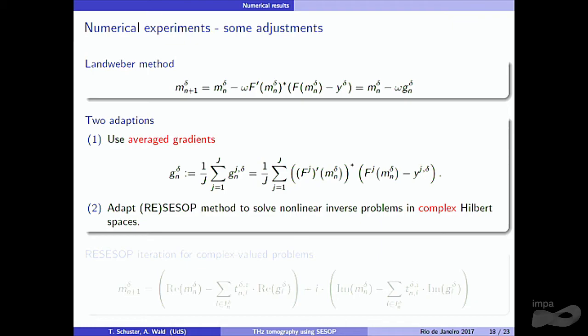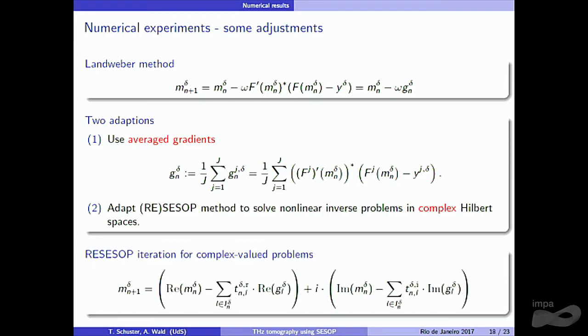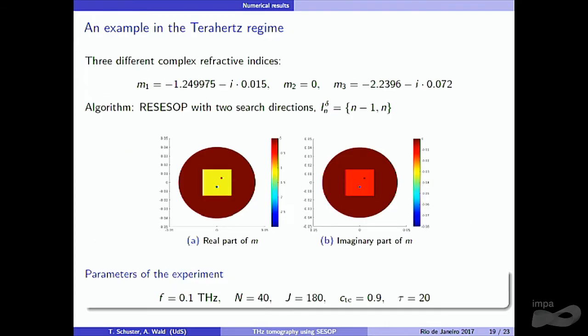For example, Landweber's method would be just take the old iterate and then have here a search direction of steepest descent with respect to the residuum. And what we do now here is we use averaged gradients and use the RESESOP algorithm in complex Hilbert spaces, because a refractive index is a complex number. And so RESESOP has to be adapted in a straightforward manner to be usable also in complex Hilbert spaces.